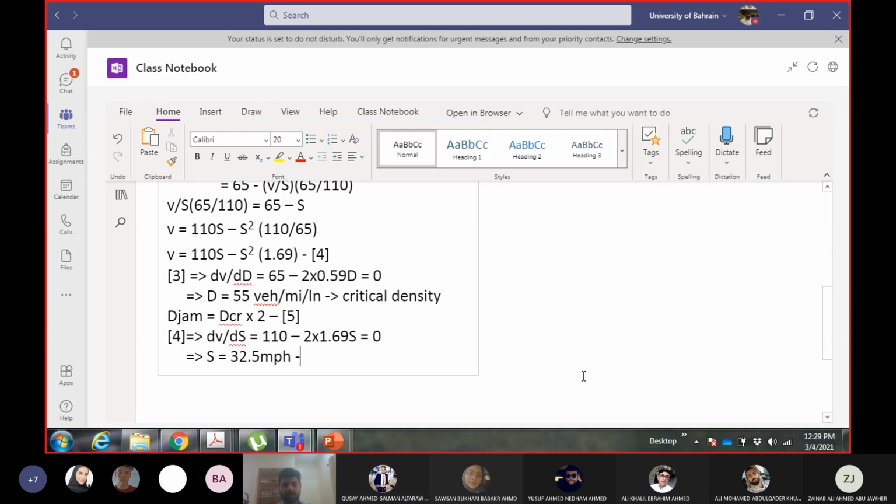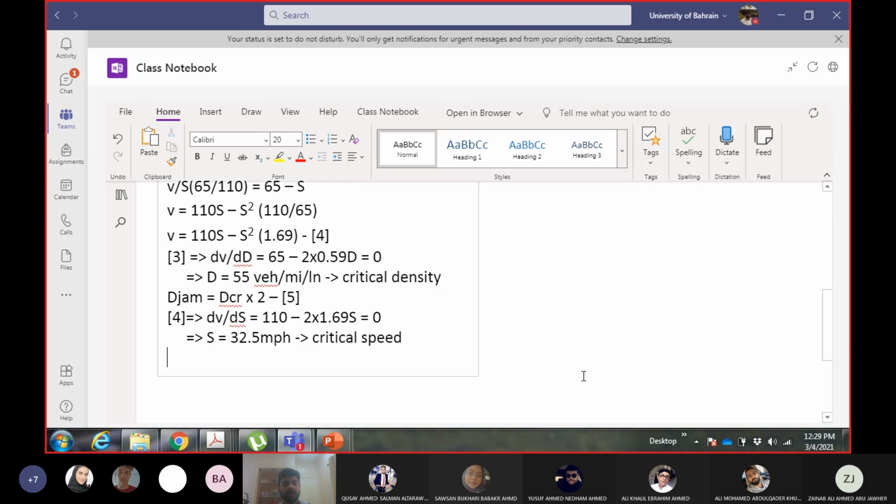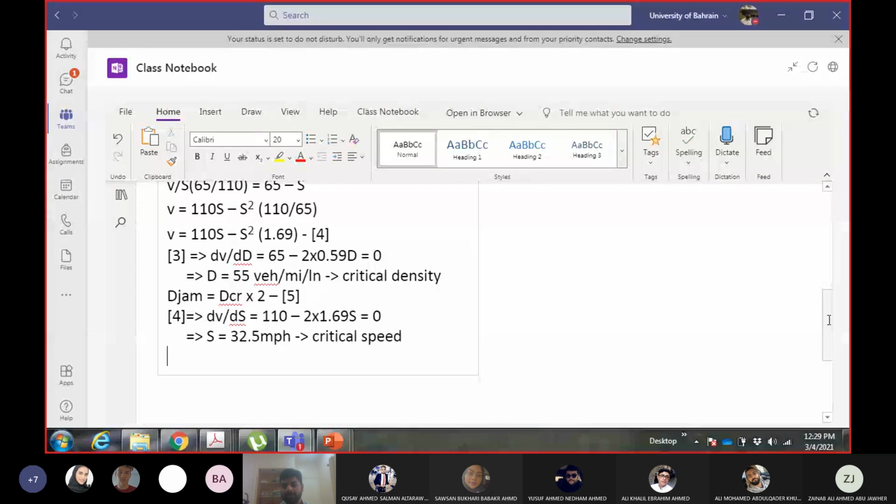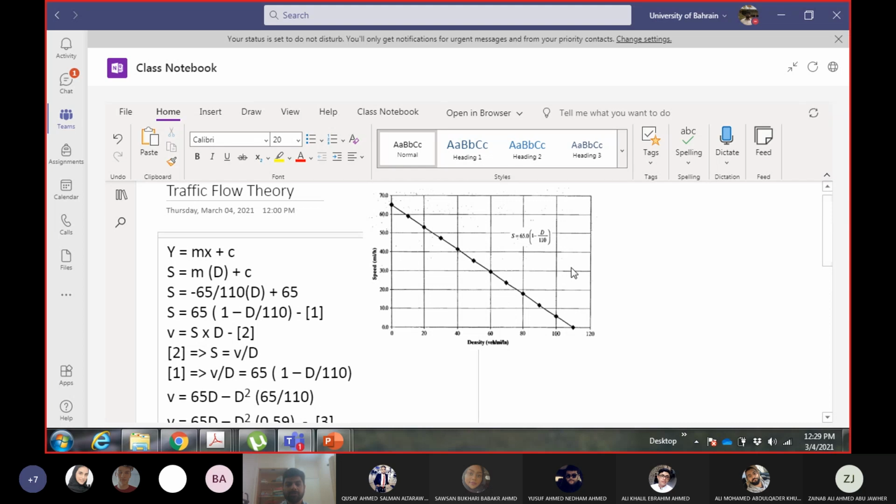Miles per hour. Okay, and this is the speed when the flow is maximum. So we will call it the critical speed. And again, going back to this graph, how much was the free flow speed, the maximum speed? 65.